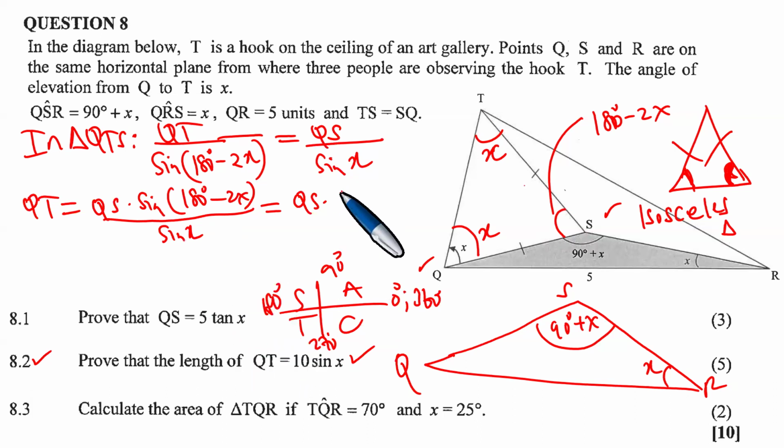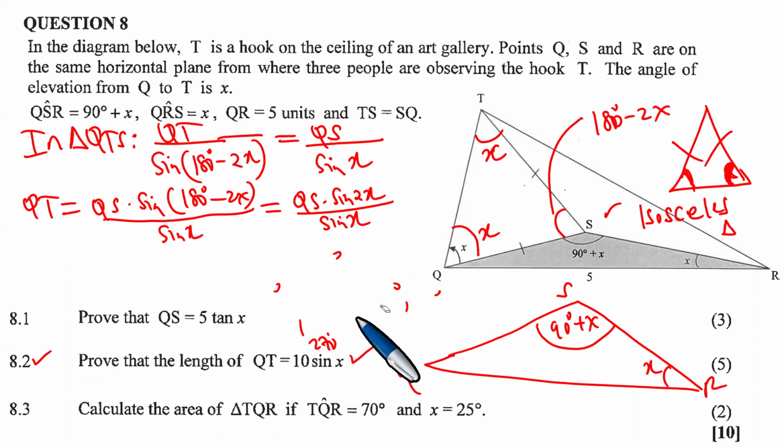So it's going to be the sine of 2x. Okay, so this one is going to be exactly the sine of 2x, and it is divided by the sine of x.